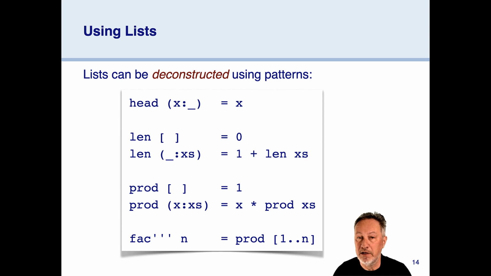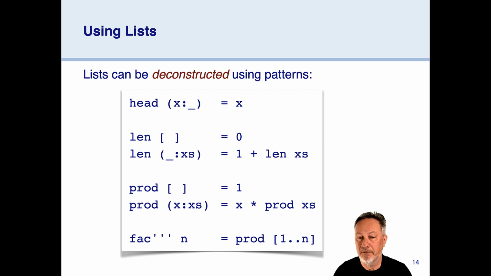So the length of a list, again, in order to compute the length of the list, we need to deconstruct it. So the two patterns that we have for constructing lists are empty list and colon. So there should be similarly two definitions for the length function. So the length of an empty list is 0, and the length of a non-empty list is 1 plus the length of its tail.